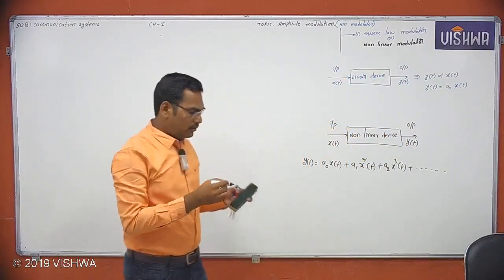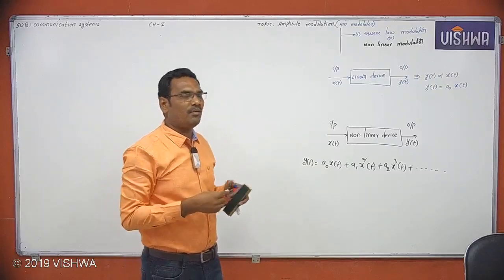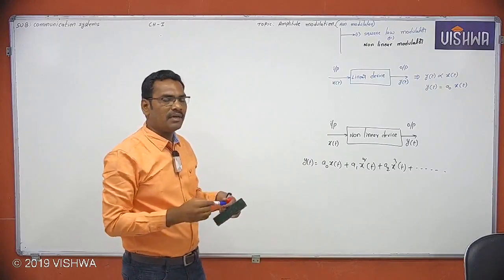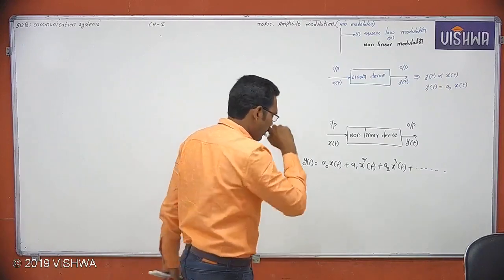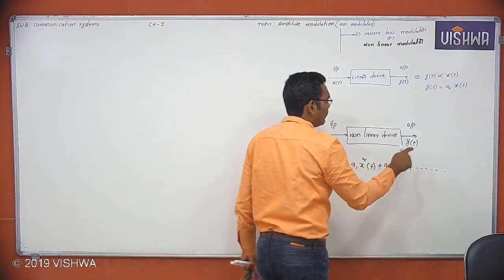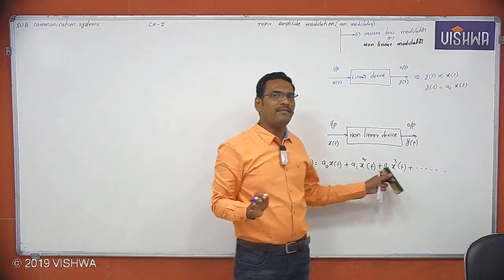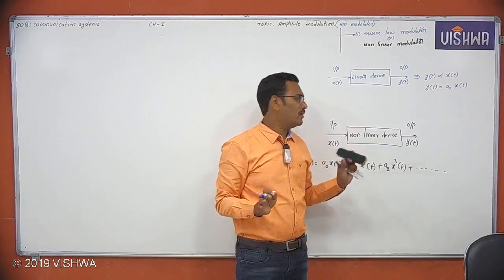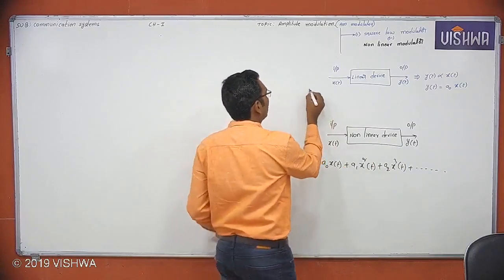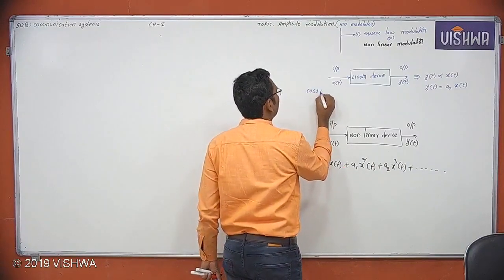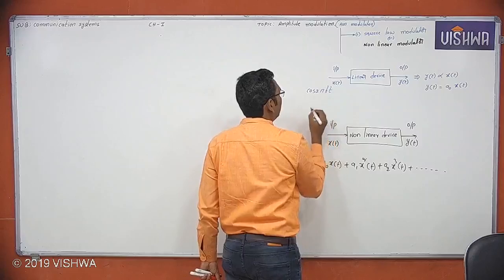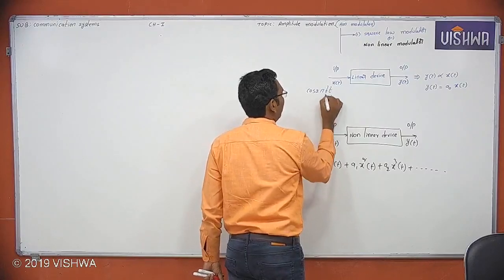But why is the name square law modulator? Why is it coming as a square law modulator? If this is a non-linear device, it will produce an infinite number of harmonics. If cos 2 pi ft is the input, the frequency at the input side is f.